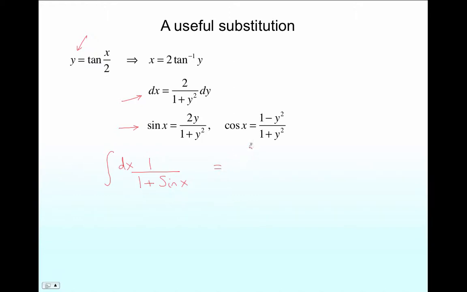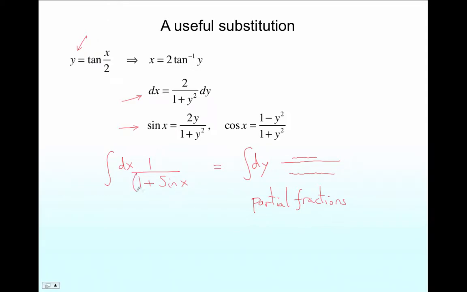And this will then become the integral over y of a rational function, that means a polynomial over here and a polynomial over here. And then we can use the method of partial fractions that we studied in the last lecture.